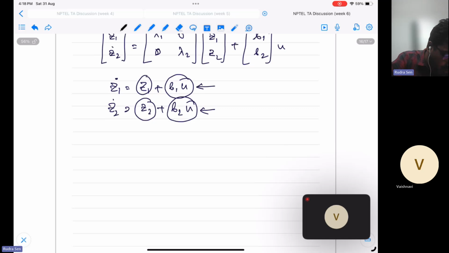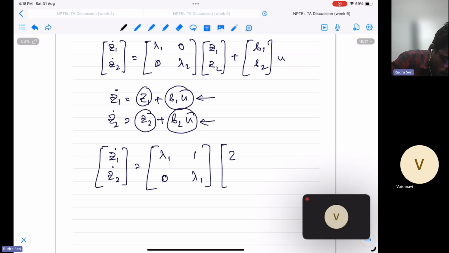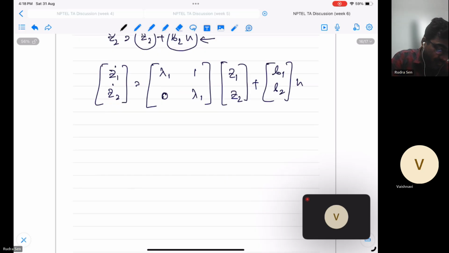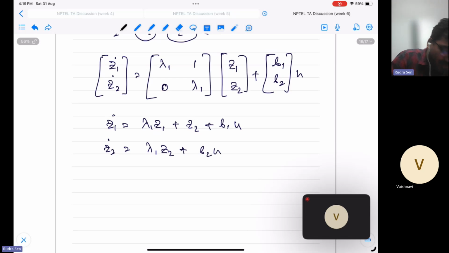In case of a Jordan block system, let's say lambda 1, 1, 0, lambda 1, and this is B1, B2. So the equation is Z1 dot equals lambda 1 Z1 plus Z2 plus B1 u, and Z2 dot equals lambda 1 Z2 plus B2 u.